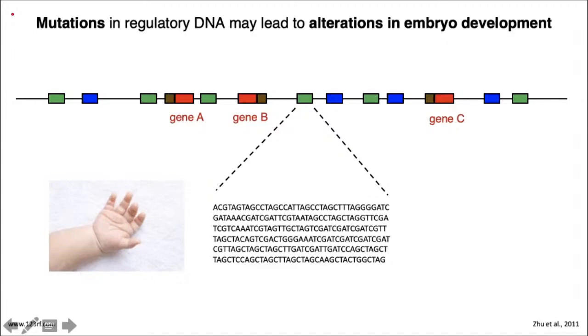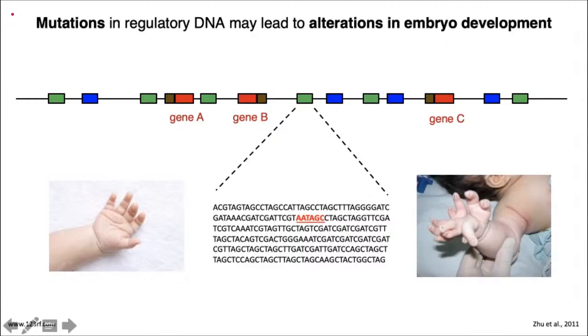It's important that this enhancer functions so we have a proper hand being formed, right? But if you have a mutation in that sequence, like an addition of these red letters, we might end up with an alteration in the formation of the hand, and suddenly we have a very dysmorphic hand in comparison to a healthy individual.